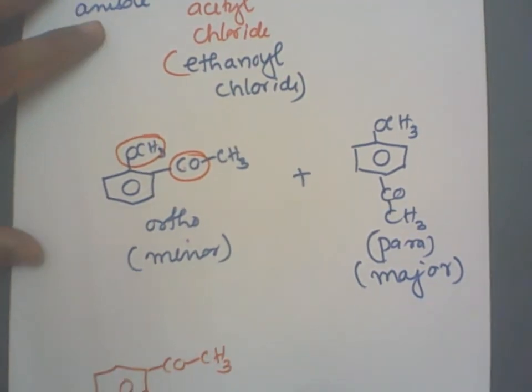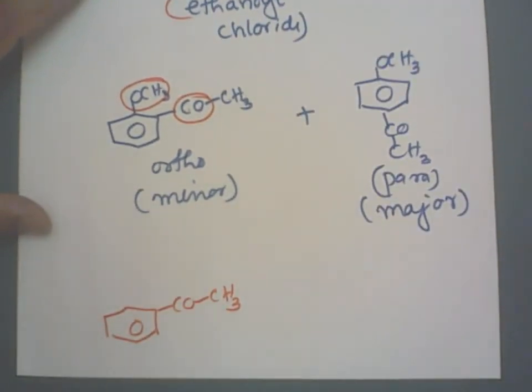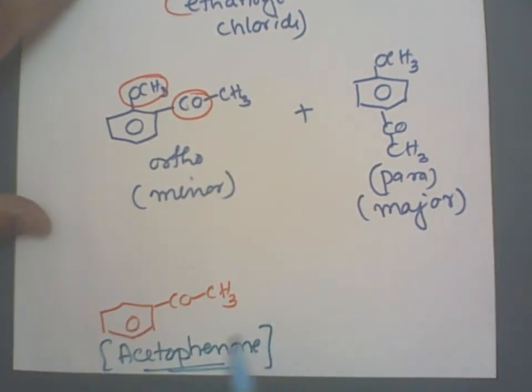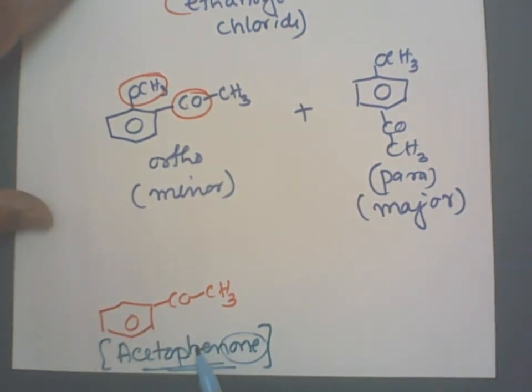This is a ketone, and this ketone is called acetophenone. This is known as acetophenone. You will come across this in RDS in the ketone chapter. Acet is CH3. Phen is phenyl, benzene. ONE, ketone. Okay, so this is a common name.